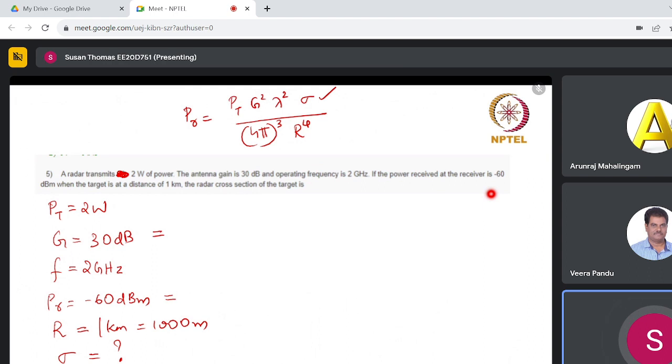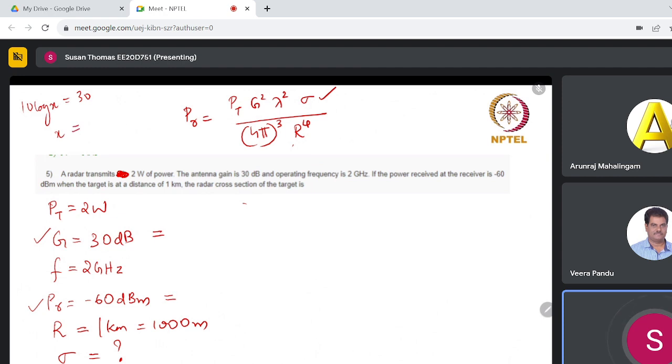So let me start with G. Can you convert this G in dB to G in linear? The linear value of gain, 30 dB. Use the same technique which I have used in the previous question. 10 log x is equal to 30.